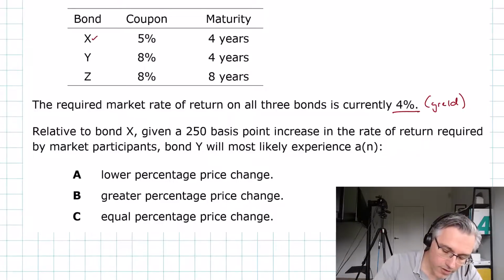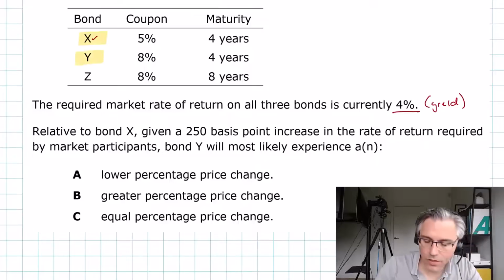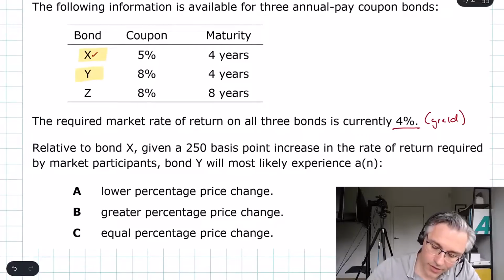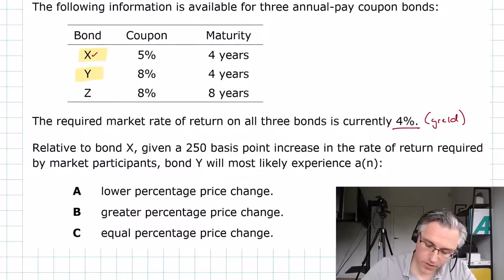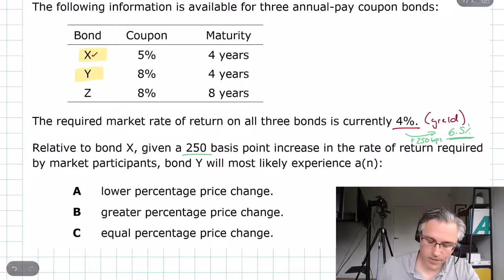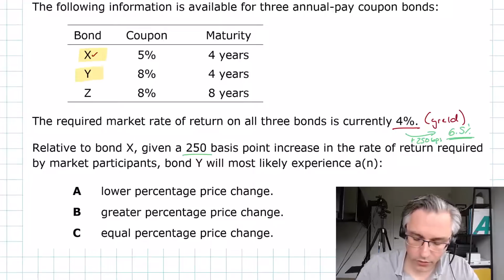So we're focusing on bonds X and Y and thinking about what will happen if the yield changes from the current 4% and goes up by 250 basis points, so basically reaches a new level of 6.5%. That's what 250 basis points means, 2.5 percentage points.